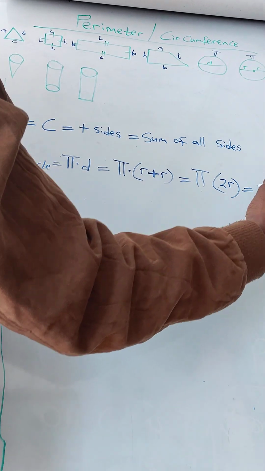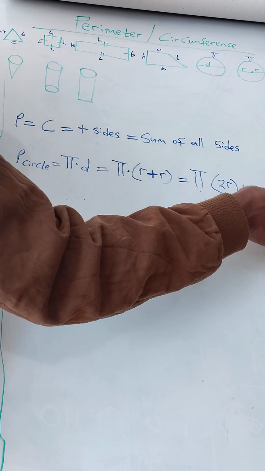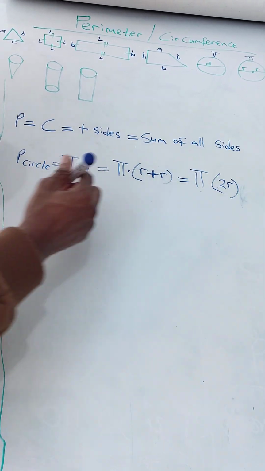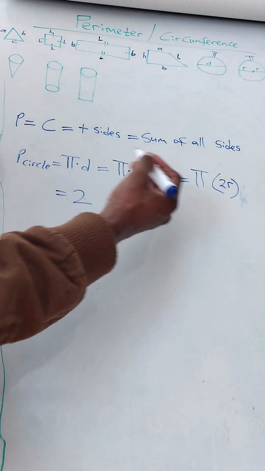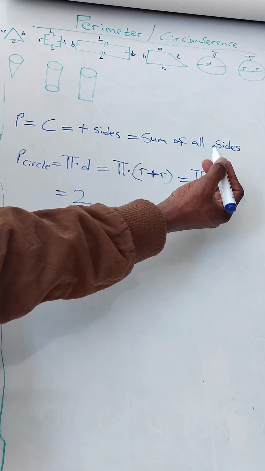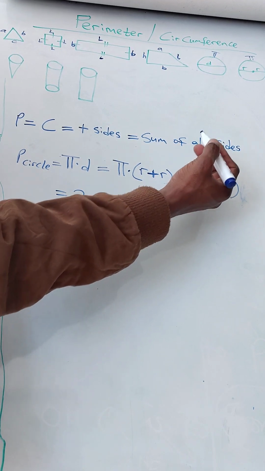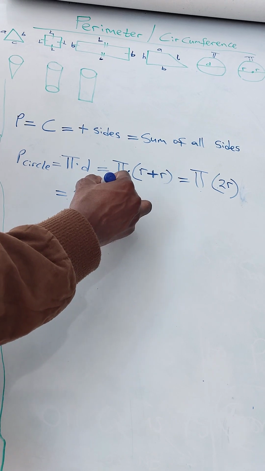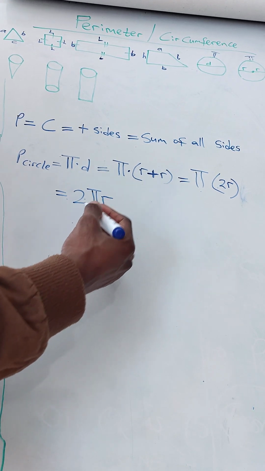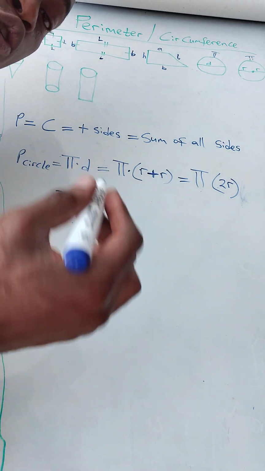At the end of the day, if you want to rewrite this pi 2r, that is still the same thing as, if you want to arrange it in alphabetical order, number before any other thing. So if you open this bracket, it is times. So that would be what? 2 pi r. When I was in school, I used to write pi r square, and I got confused.